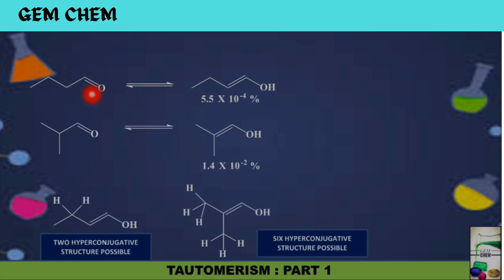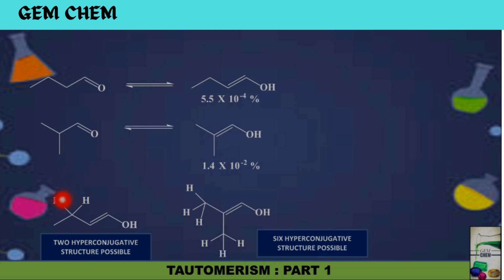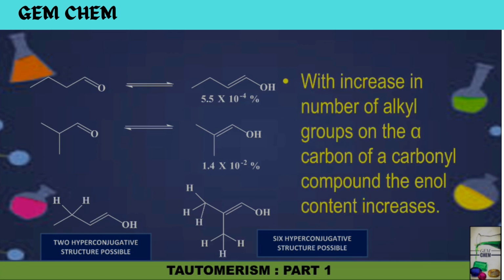In this case the alpha carbon along with the beta carbon has 2 hyperconjugative hydrogens present, whereas in this case we have 6 hyperconjugative structures possible. As a result, due to the hyperconjugative stabilization of the enol form, the enol content in this case is much more. So we can conclude that with an increase in the number of alkyl groups on the alpha carbon of a carbonyl compound, the enol content increases.